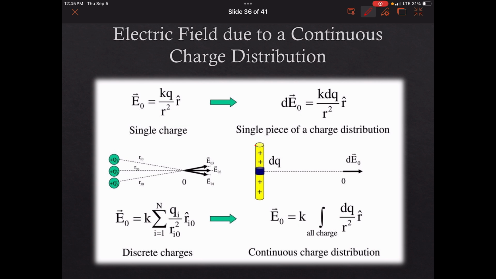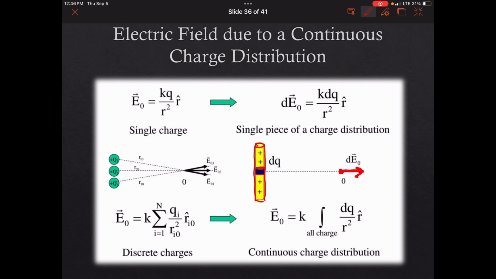For example, this yellow rod right here, it's a three-dimensional object, and it's made up of charges. What we do in this case is take a small piece of that charge. We're going to call it dq, an infinitesimally small piece of charge. We can describe, in general, the electric field due to that small piece of charge, and we'll call that dE.